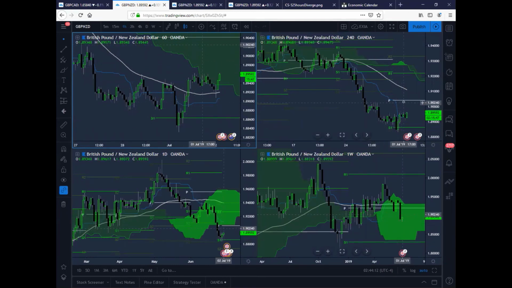S level, trying to get to this P zone. Actually, that should be our take profit.